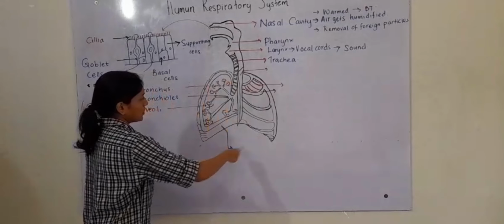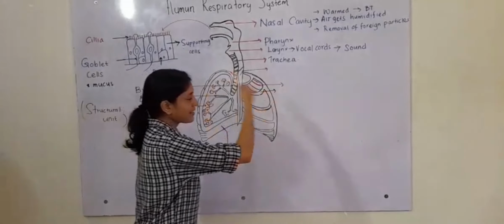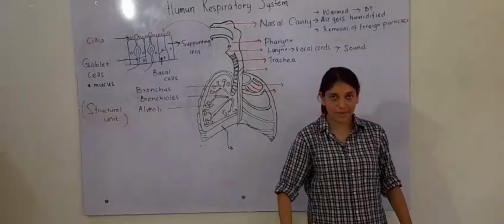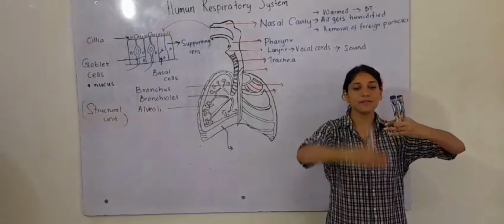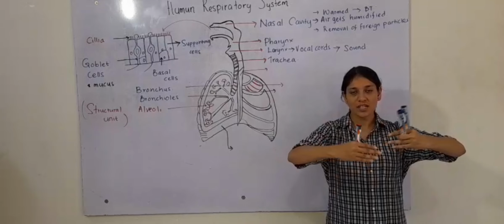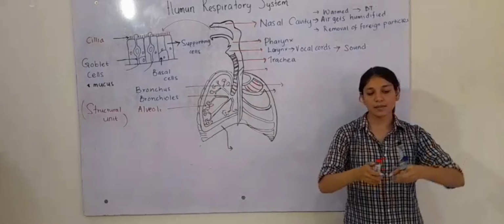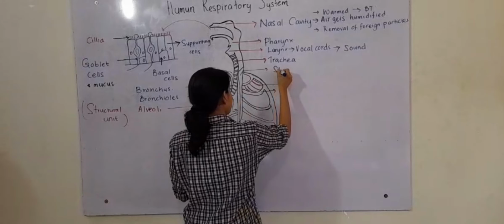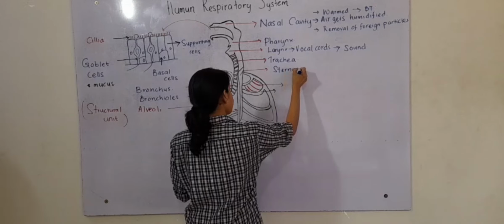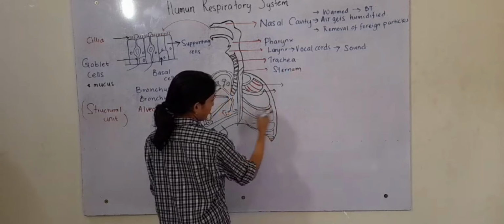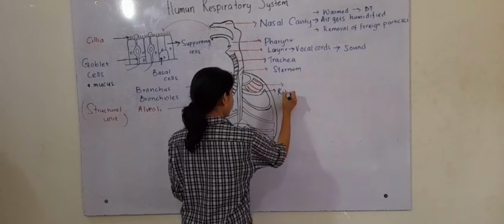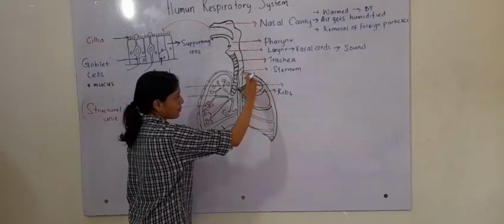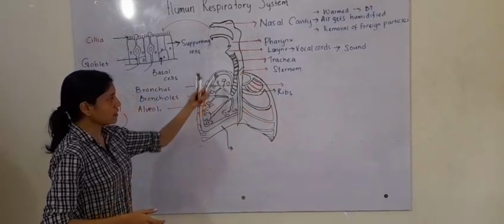Also, people, your thoracic cavity is protected by the rib cage. Your rib cage is going to protect the thoracic cavity. The rib cage is connected with the sternum in front. Those are bones. Then you have the rib bones here, and within these ribs, people, there is a very important tissue present.